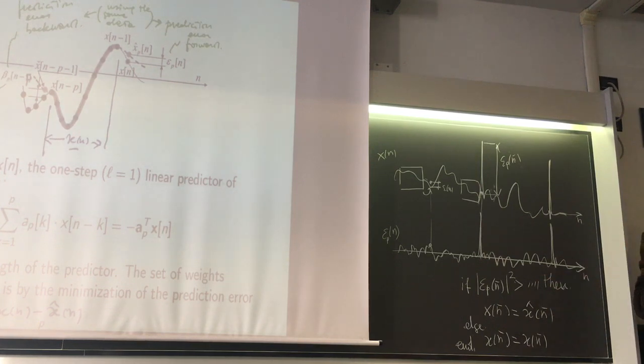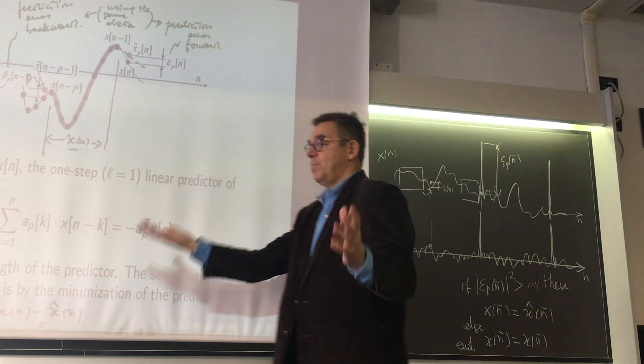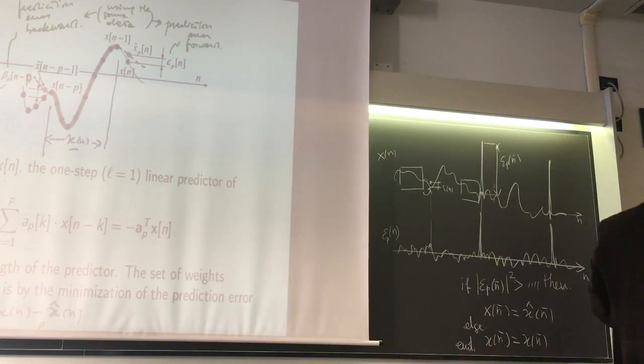It's not a filtering. It's a conditional filtering. So it's like you have two signals, the predicted and the true one. And then you decide which one is better. That's one possibility, as I said. There are many others.